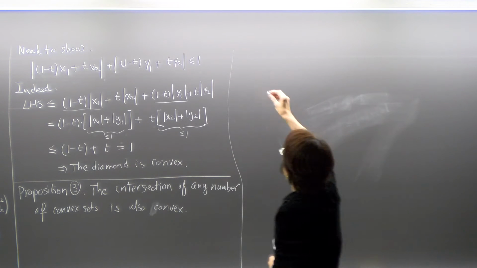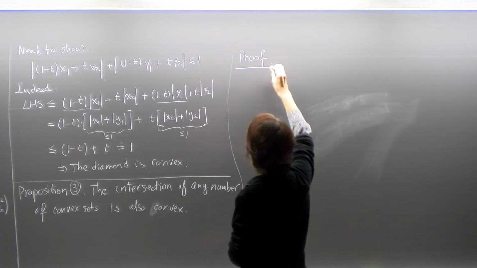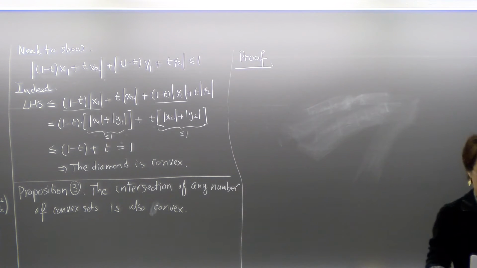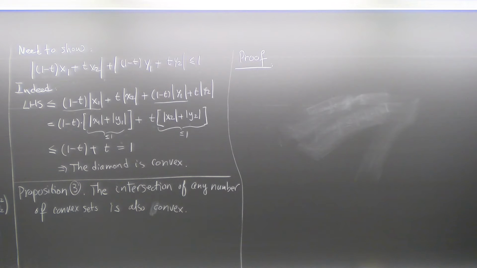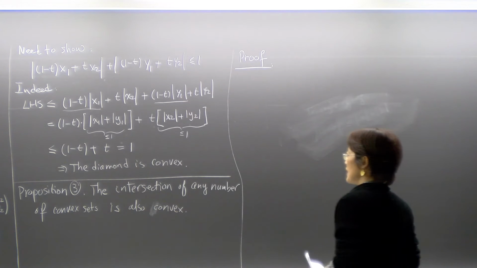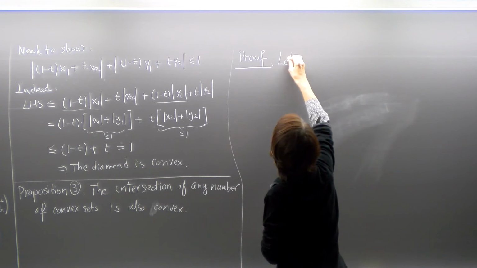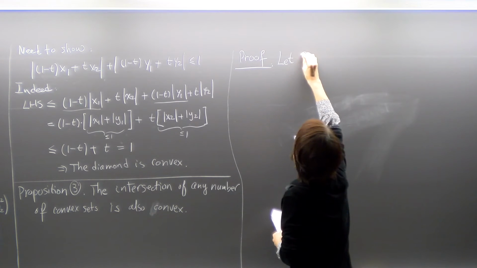So let's write a proof. We want to formulate this problem. You're saying you have many, many convex sets. So let me label them, and I call them Si.